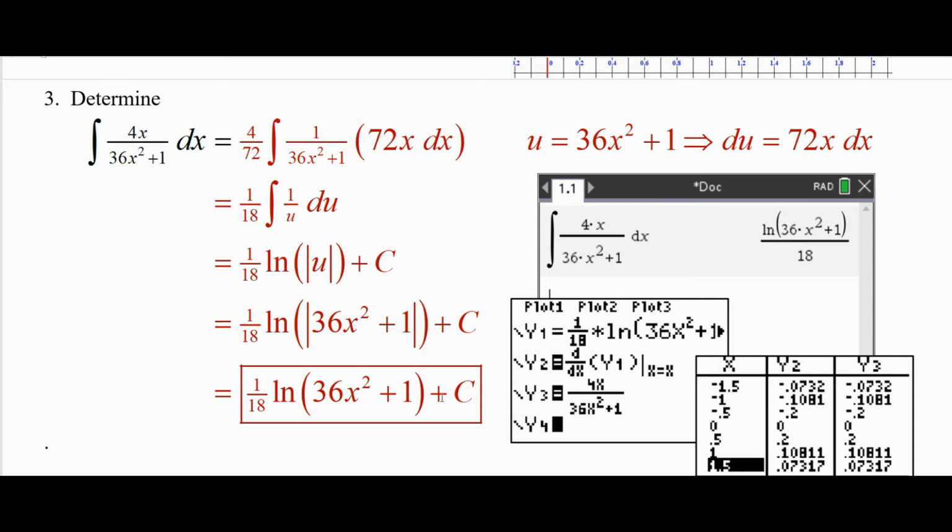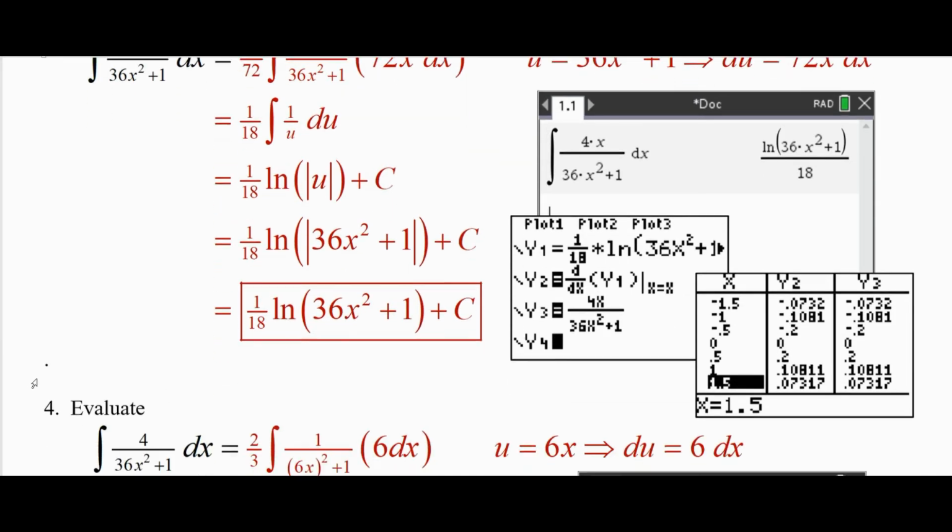So you put your answer right here in y1, put any number you want for the c, or just leave it off. And then for y3, put the original integrand, 4x over 36x squared plus 1, right there. And y2 and y3 should have the same table, which you see right there that they do. So that's a way you can check it on that calculator.